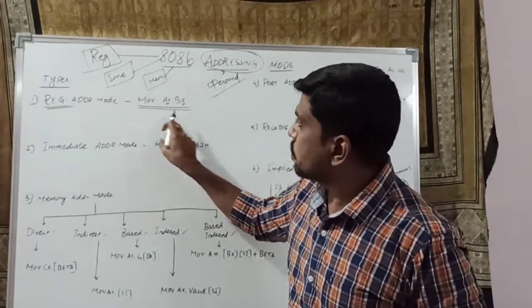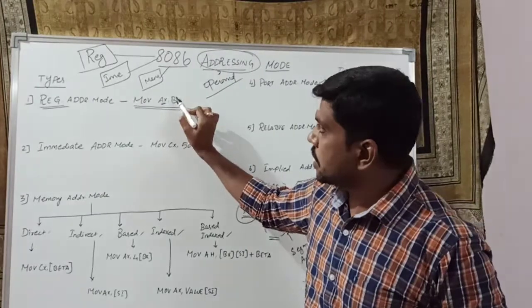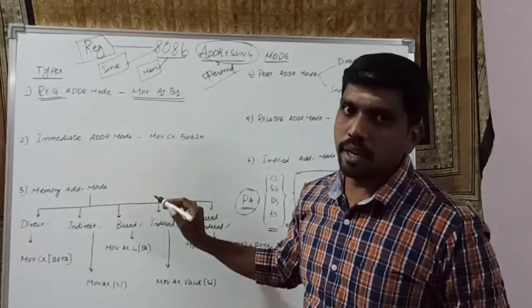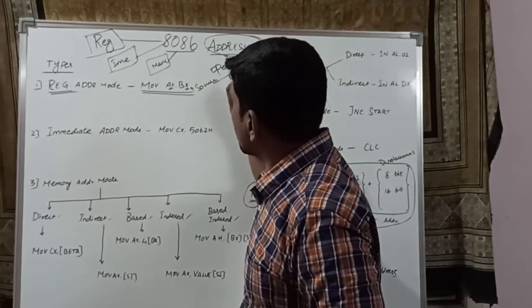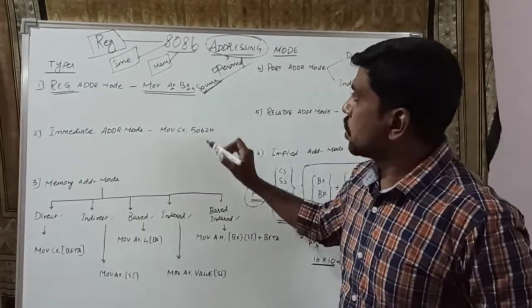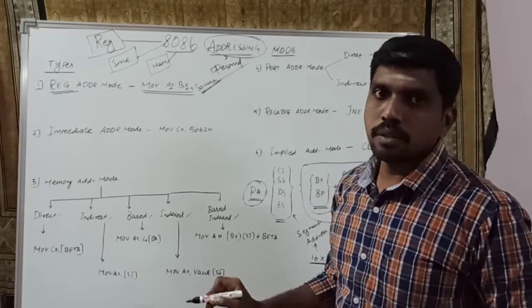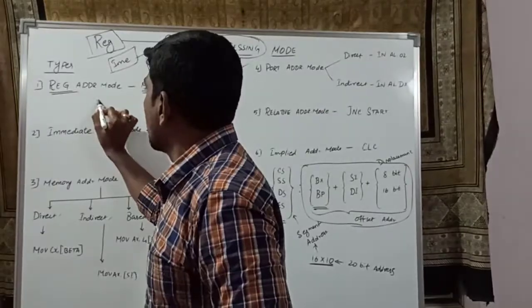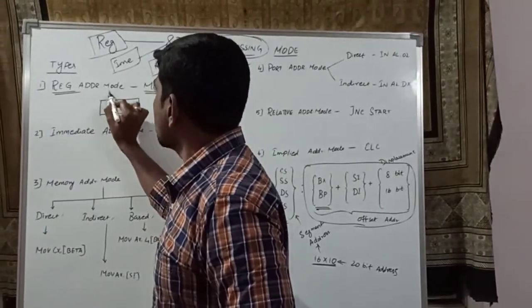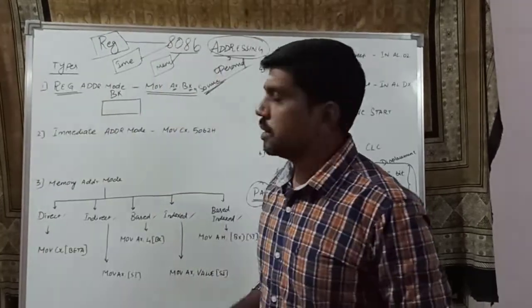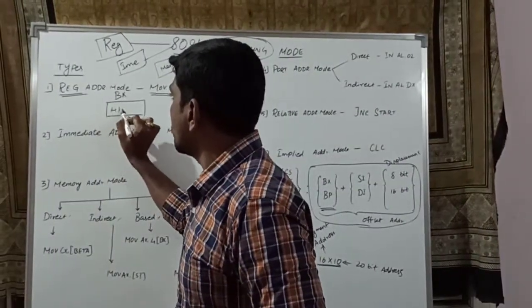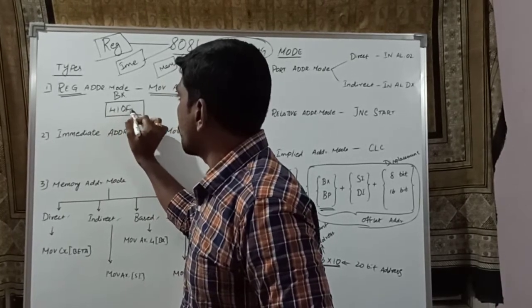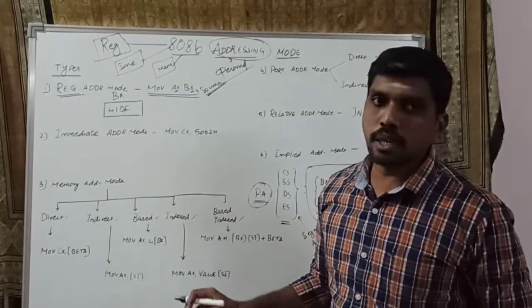What is the function of this instruction MOV AX, BX? It just transfers the content from BX to AX. The BX register is the source, so whatever value is present in the source is transferred to AX. BX is a 16-bit register, and in this register I hold 410F, a 16-bit value.